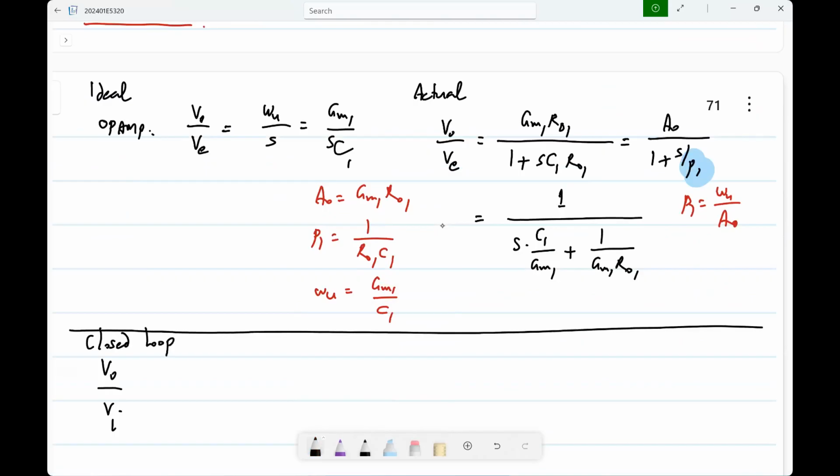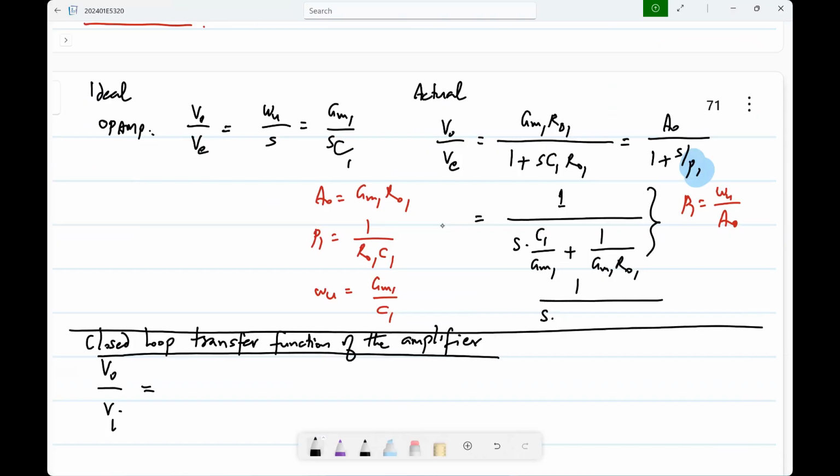What we calculated was the transfer function of the op-amp. By the way, this form can also be written as 1 by S by omega u plus 1 by A naught.